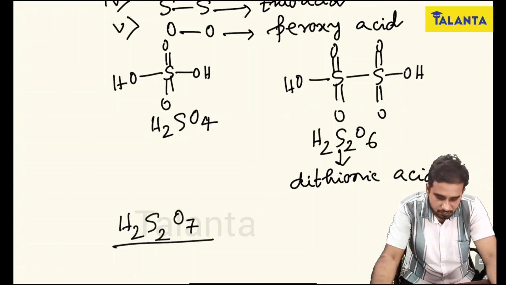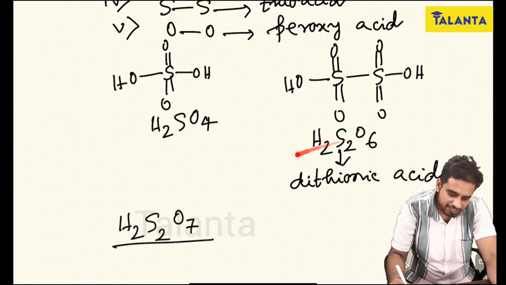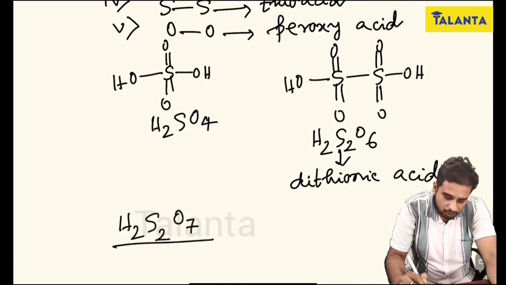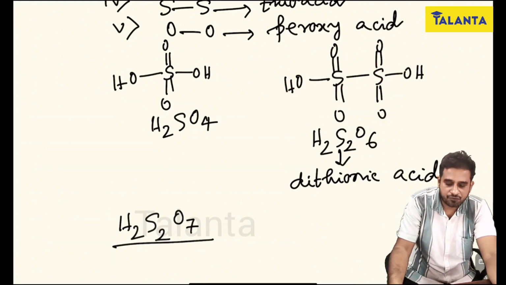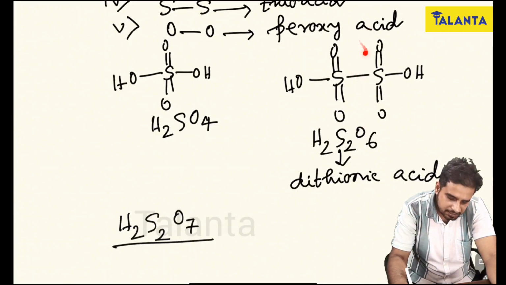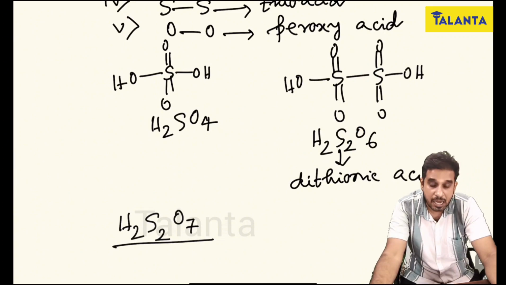What is the difference between these two? Only one oxygen atom is in excess here. That oxygen atom will be inserted in the compound in the most symmetrical way. What will be the most symmetrical way? If you cut the molecule this way, it is divided into two symmetrical halves.